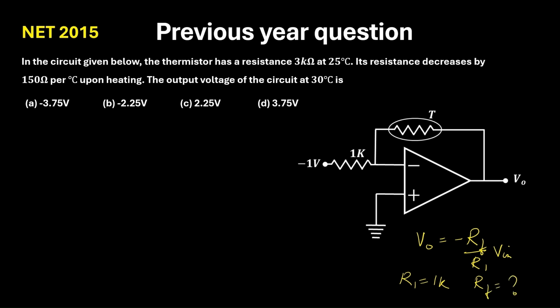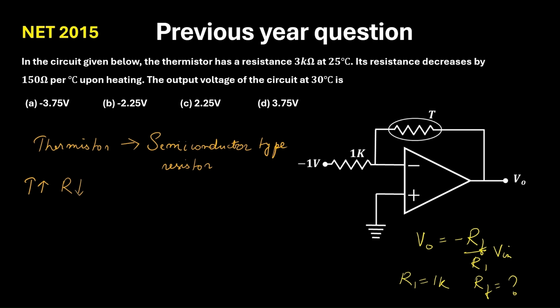Now a thermistor is a semiconductor type resistor. In such a resistor, when we increase the temperature, resistance will decrease.